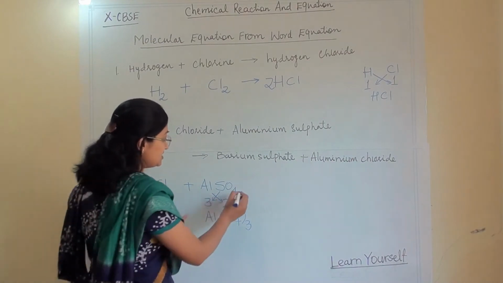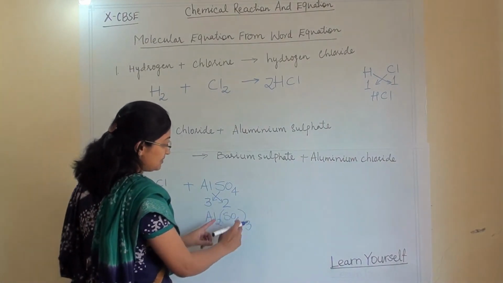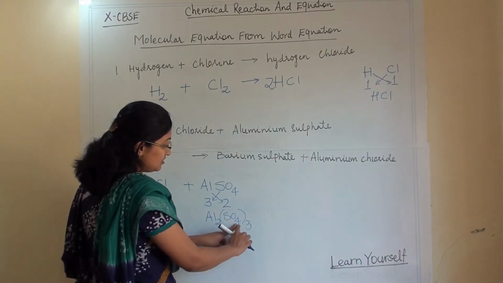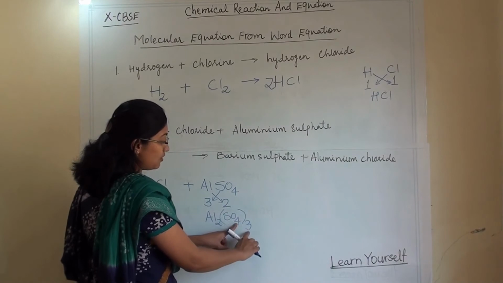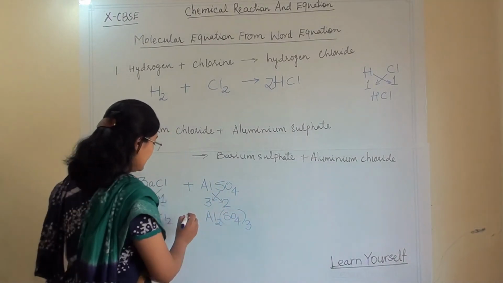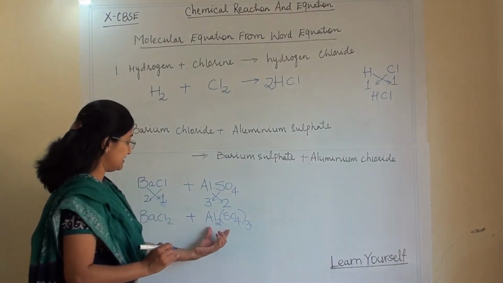You cannot write the 3 only on the 4, so it is applicable to both. So it is going to be 3 sulfur and 4 into 3, 12 oxygen, in the sulfate which is combining with Al. So these are our reactants.